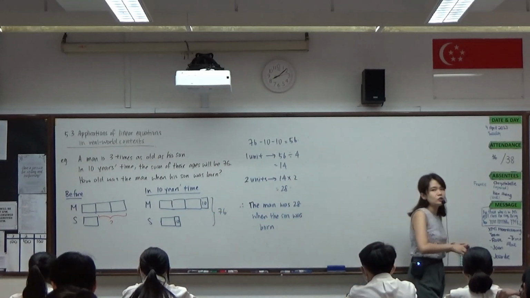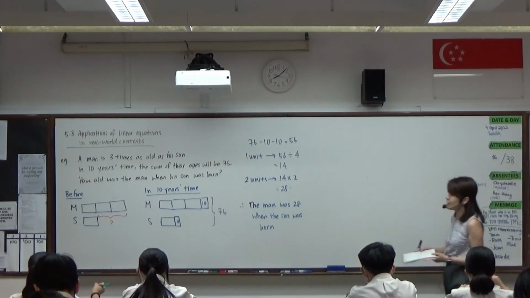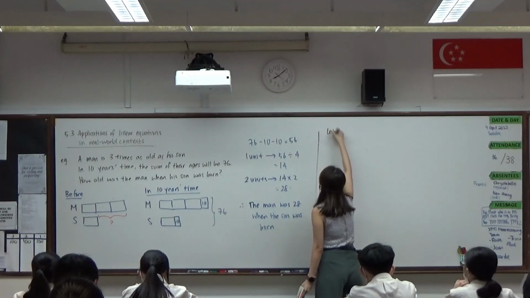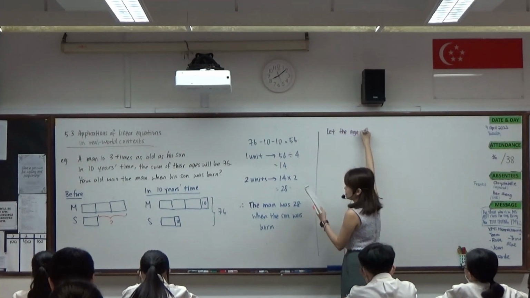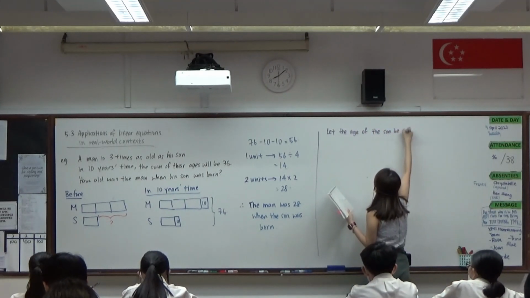Okay, so to introduce algebra, what we will do is define something as a variable. By defining, I will say that the age of the son be x.